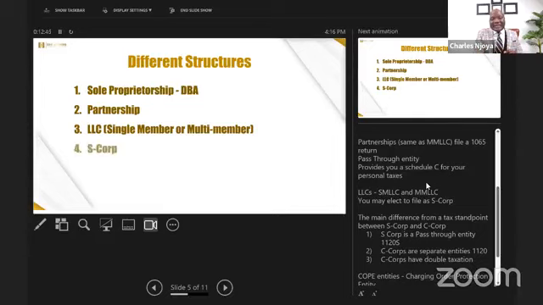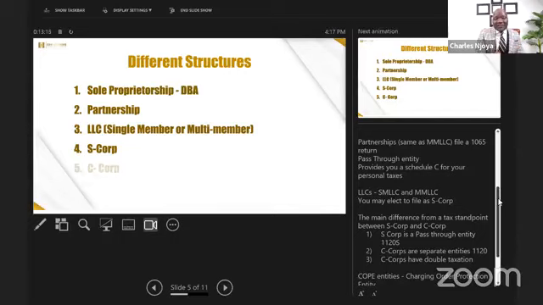With an S Corp, you can register a corporation from the outset, and then you elect to file as an S Corp, because S Corp is the election. Or you can elect an LLC to be filing as an S Corp.